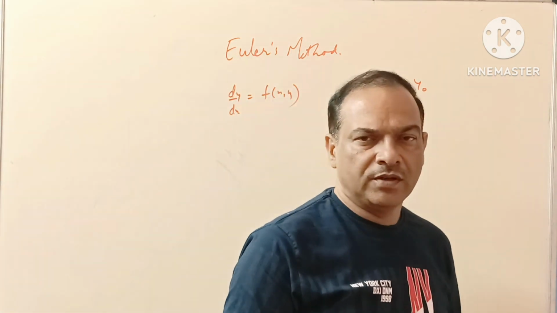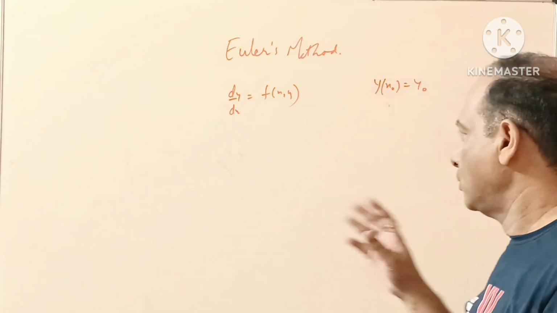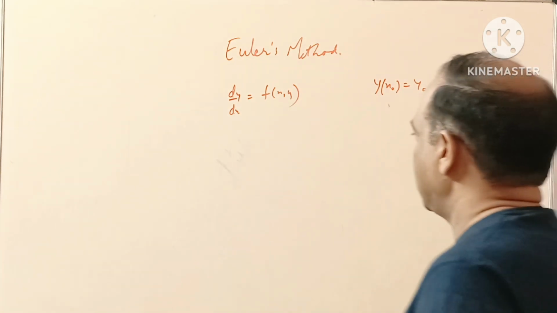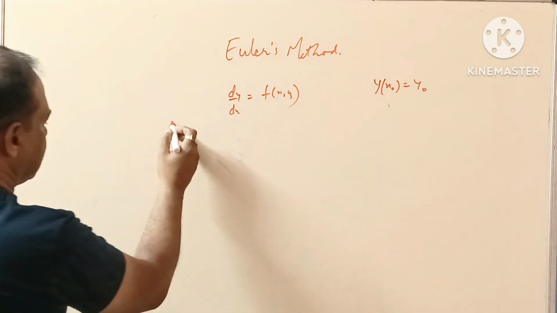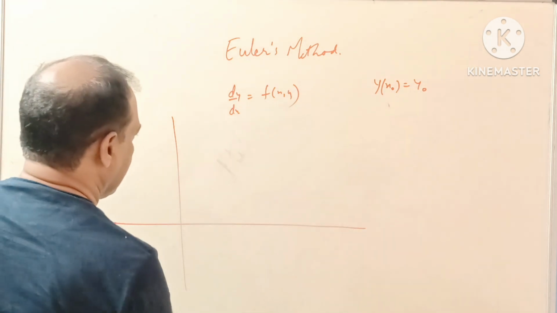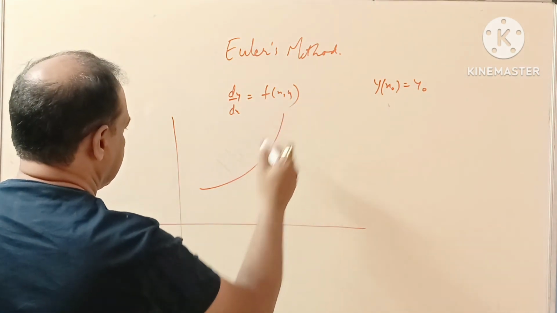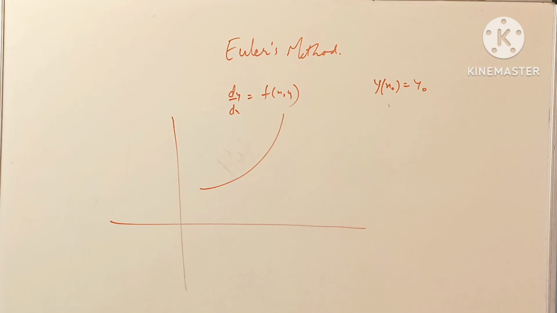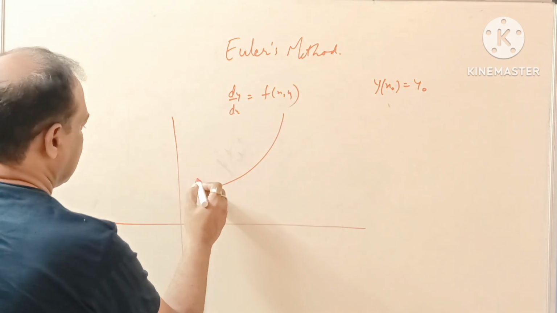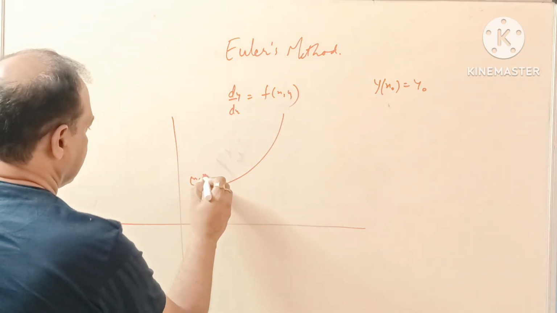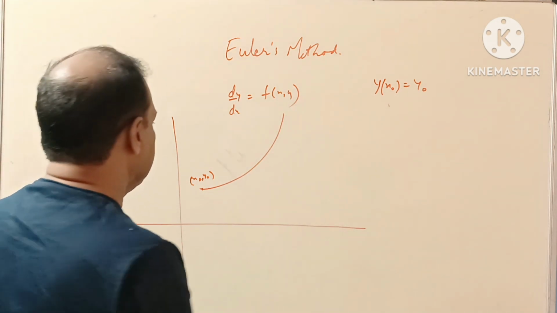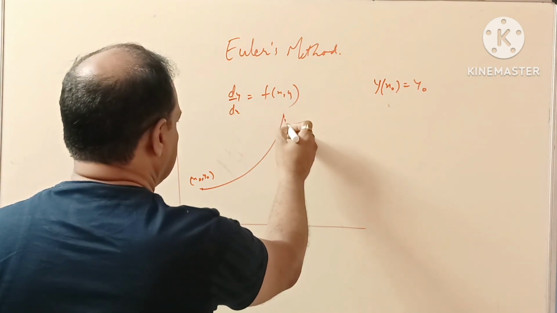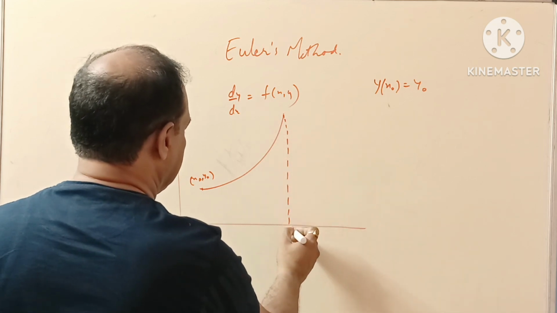Now what is the meaning of all these things? Let's go with the help of a graph. In this graph, let there be a point x naught, y naught, and let us find the value of yn when the value of x is xn.